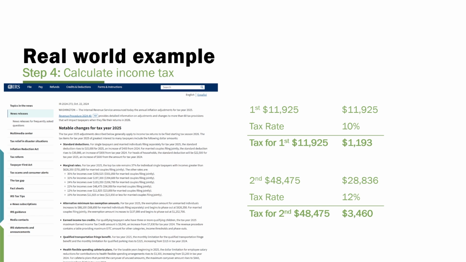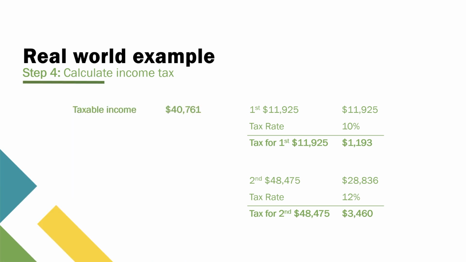And then we have that second tax bracket, which goes up to $48,475. Now, Sarah didn't make $48,475, right? So what we do is we just take that taxable income of $40,761 and we're subtracting $11,925, right? Because that fills up our first tax bracket there, our 10% bracket.